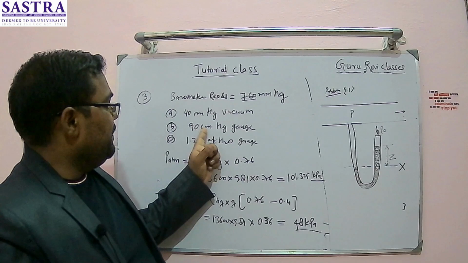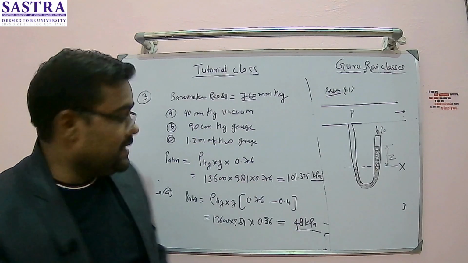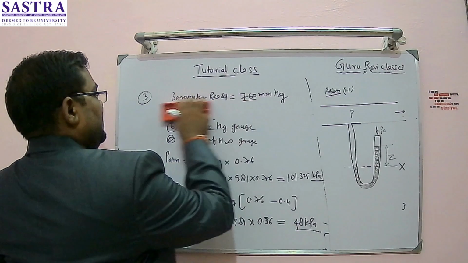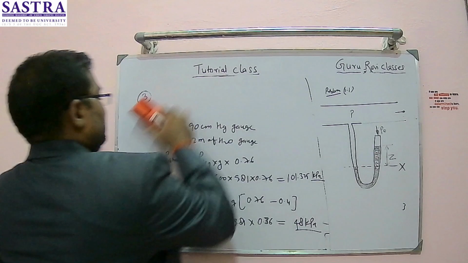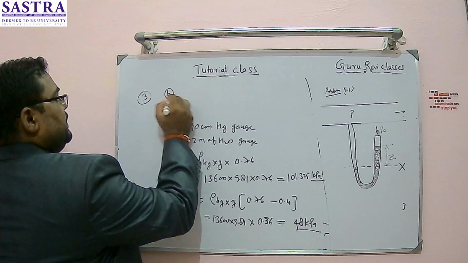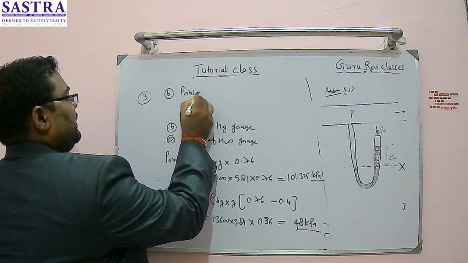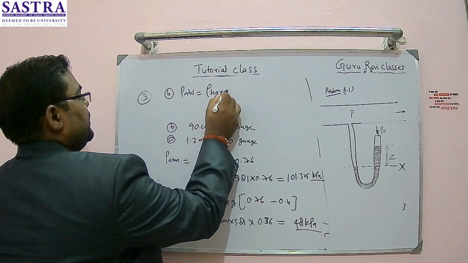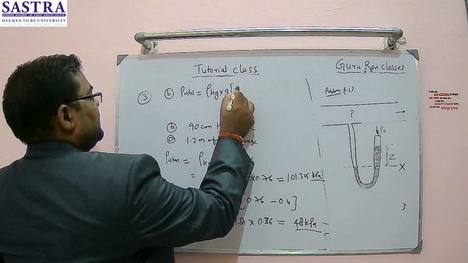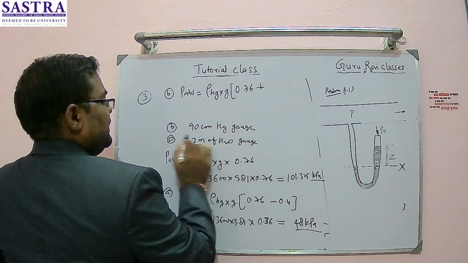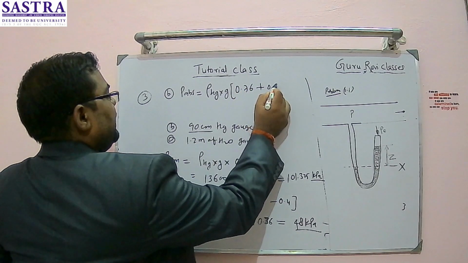Similarly, go for part B. This is very simple, right? It is the gauge pressure. So for part B, P absolute, I will write rho of Hg into Z. This was 0.76 plus this 90 centimeters, 0.9.